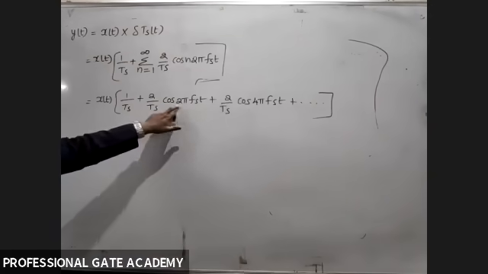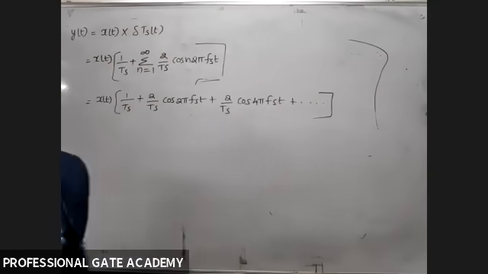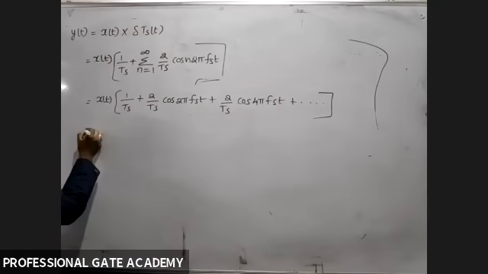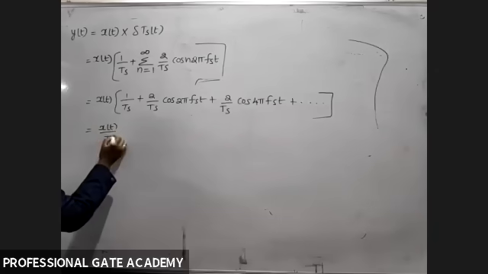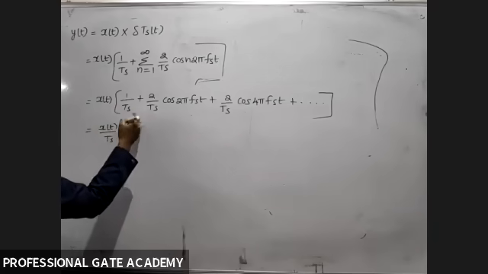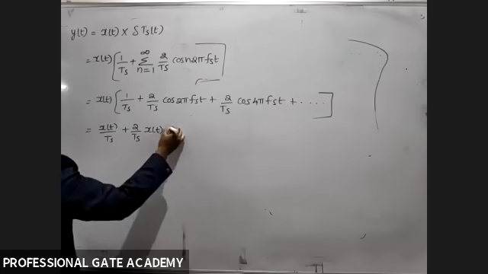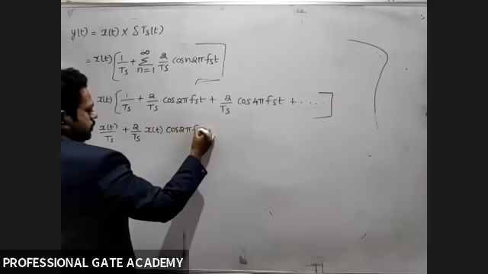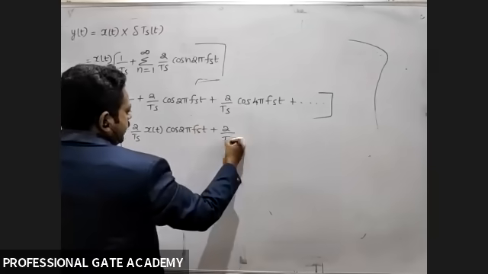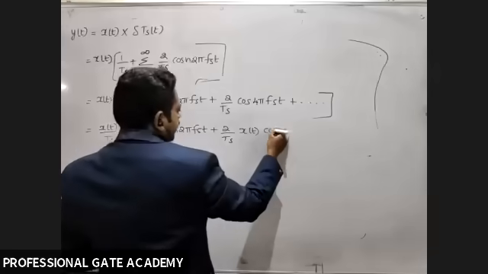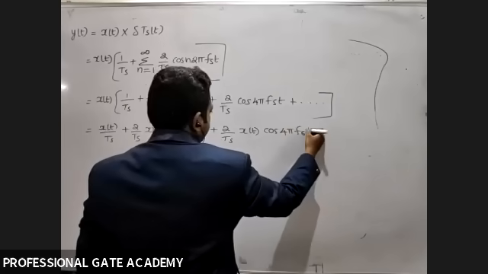Here n is 1, here n is 2, then n is 3, like that we will get. Now x of t is multiplied: x of t by Ts, plus 2 by Ts into x of t cos 2 pi fst, plus 2 by Ts into x of t cos 4 pi fst.